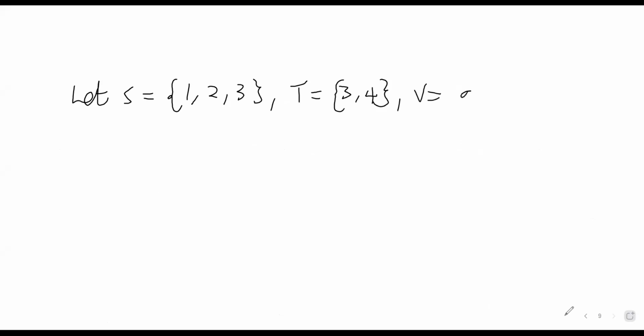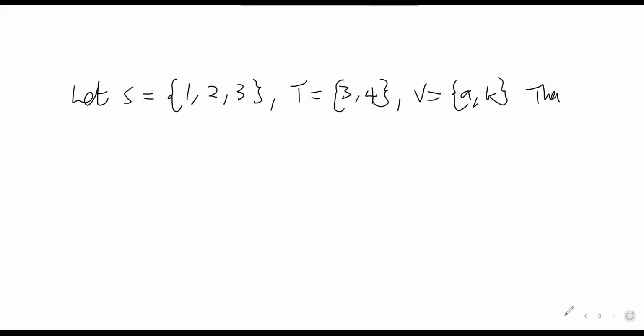So let S be equal to {1, 2, 3}, and T be equal to {3, 4}. V will be equal to {A, B}.